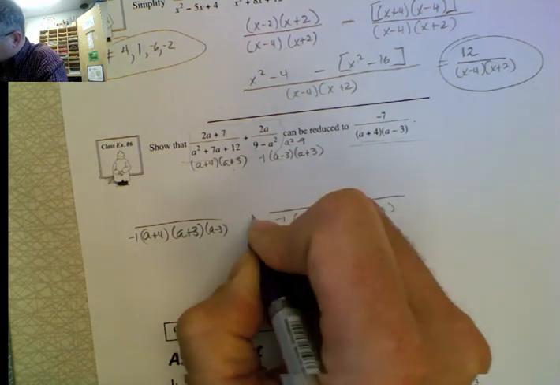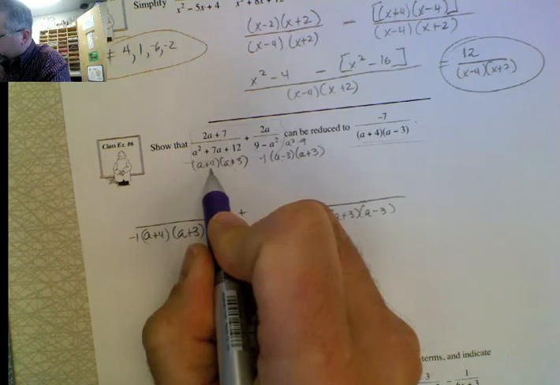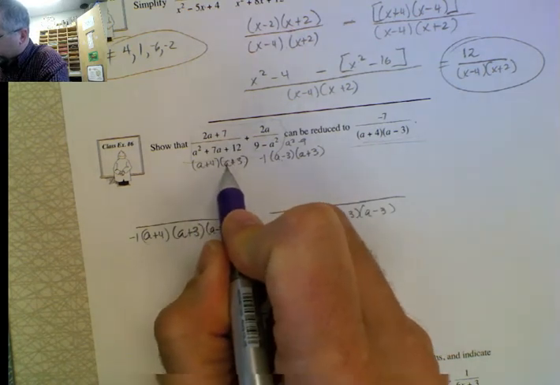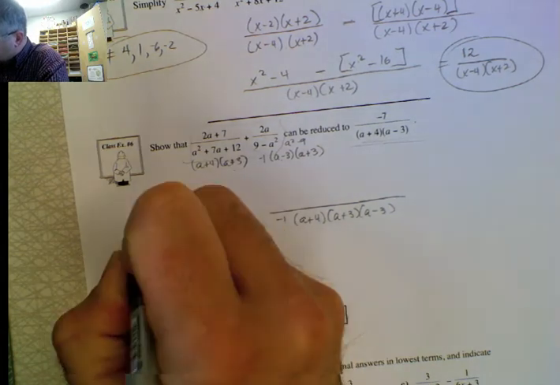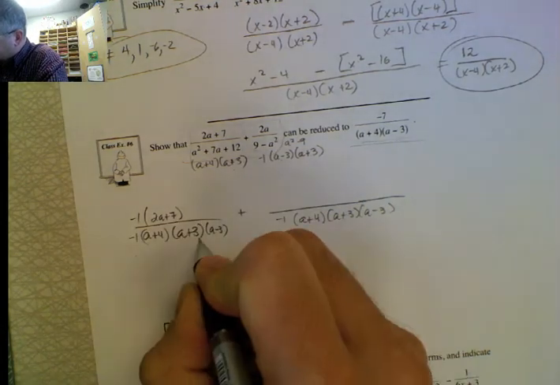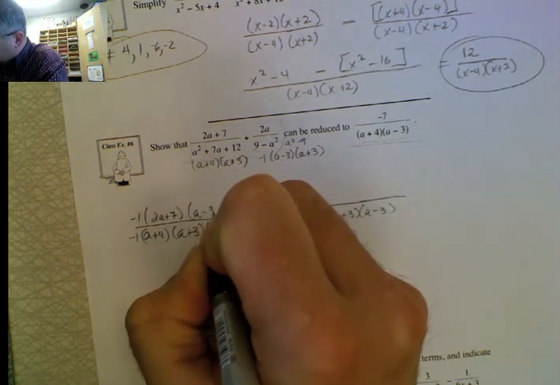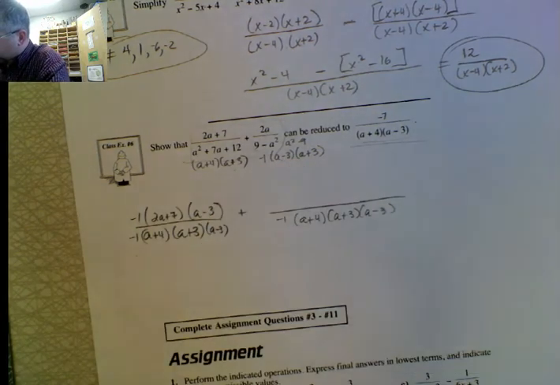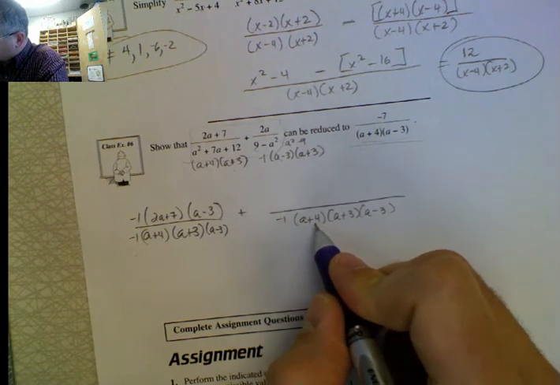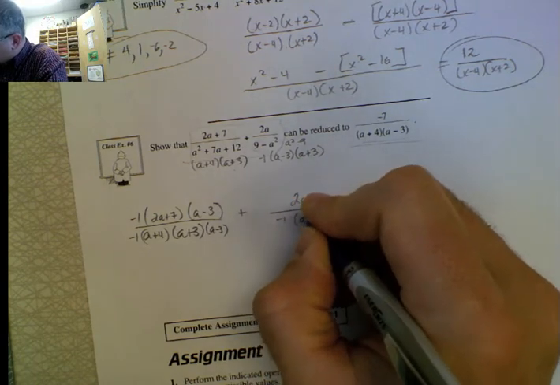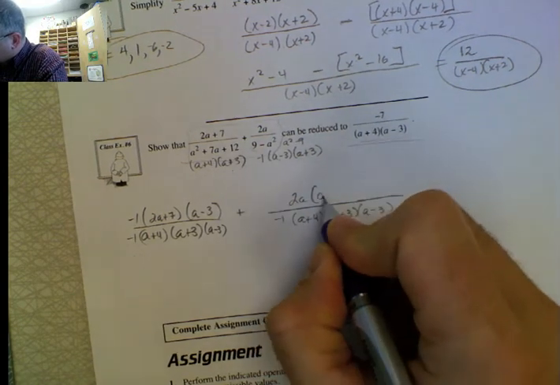Okay, so now, if I look at my denominator here, I'm going to have to take 2a plus 7 and multiply it by negative 1, and multiply it by a minus 3, and we'll talk about how to do that in a minute. In our second fraction, I'm going to have to take my numerator of 2a and multiply it by a plus 4.